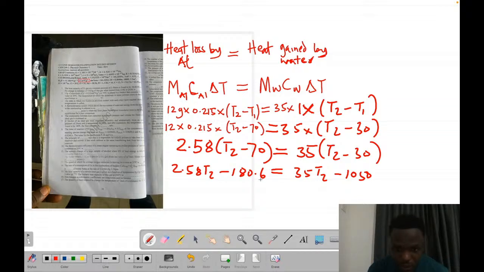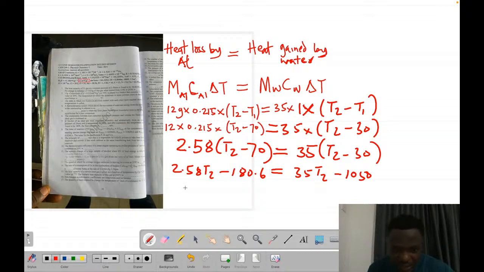Okay, so of course you collect like terms, anyhow you want to do it. I would say this comes over to this other side, and this comes over to this other side. So how do we go about it? So this is times this, times 70, we have this.